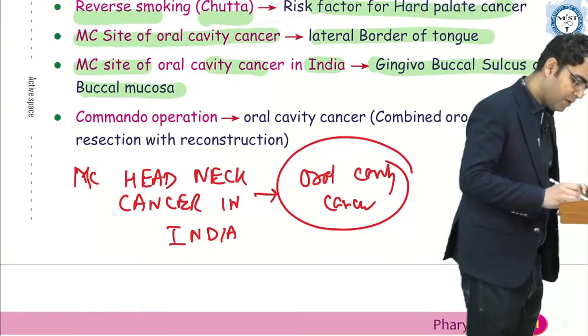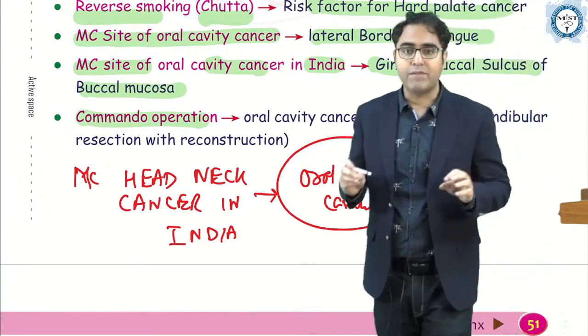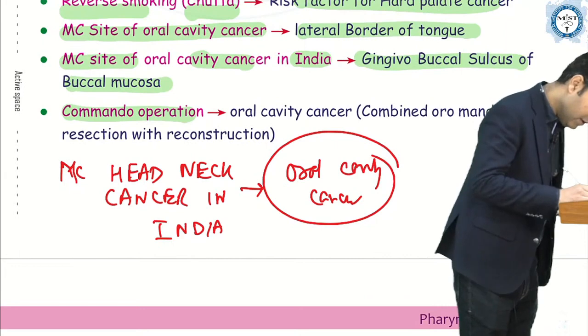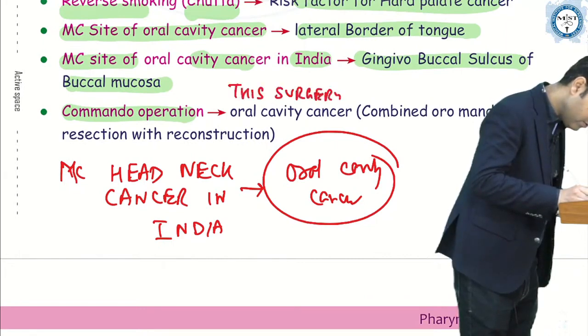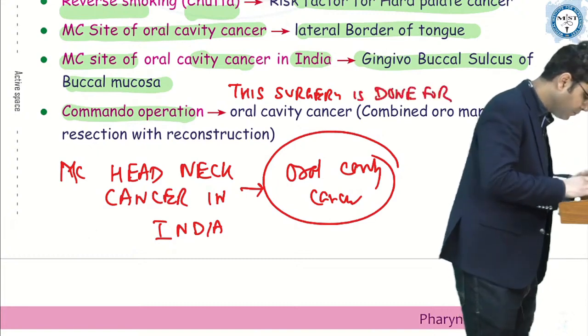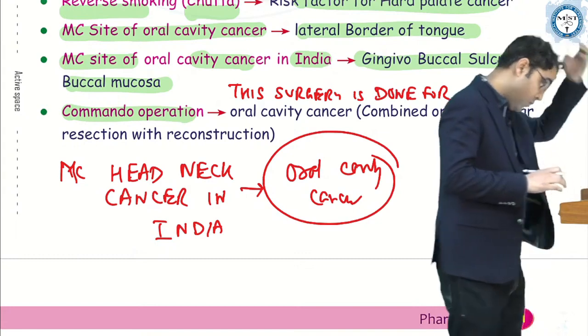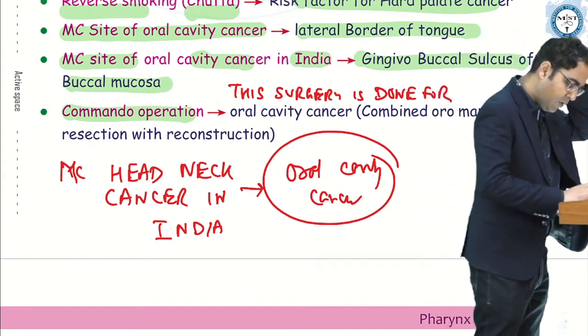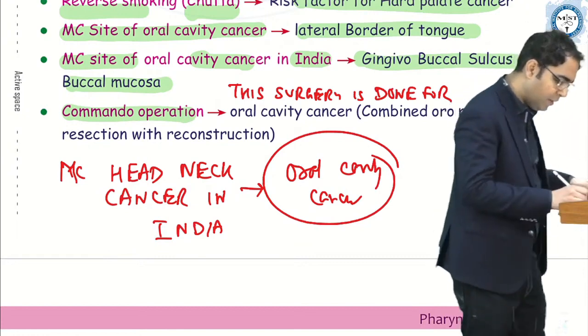Commando operation, beta. Write down, it's a surgery. This surgery is done for oral cavity cancer, beta. What is the name of the surgery?